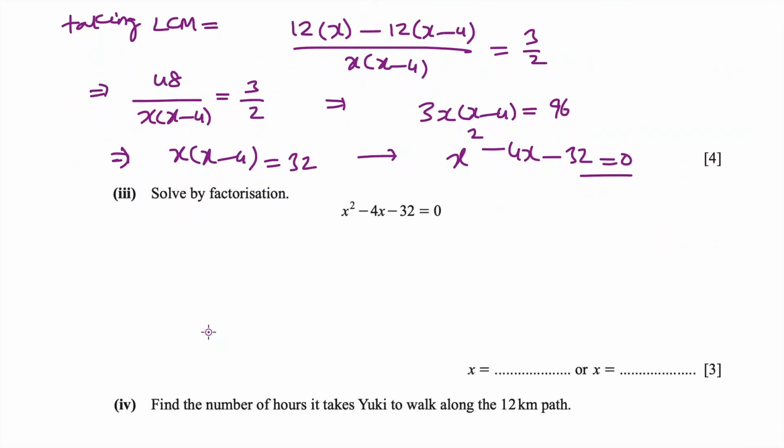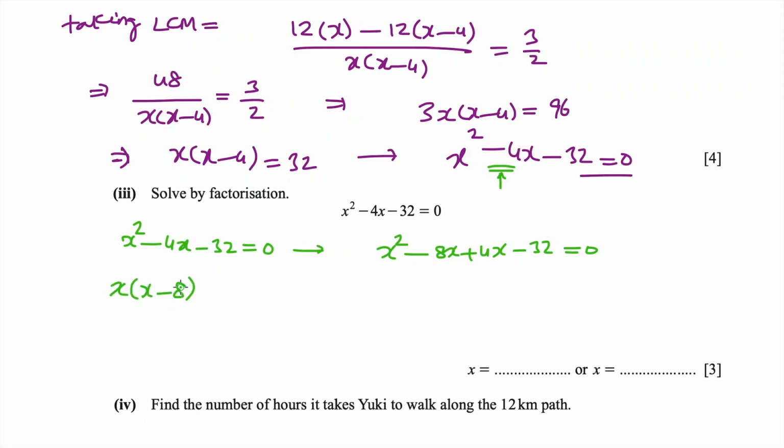Now they are asking us to solve it. So for minus 4, I need to write it in terms of p and q such that the sum is minus 4 and the product is minus 32. So x square minus 4x minus 32 is equal to 0. That implies I can take the two numbers to be minus 8 and plus 4. The product is minus 32, the sum is minus 4. Okay, now out of the two, I'll take x common.